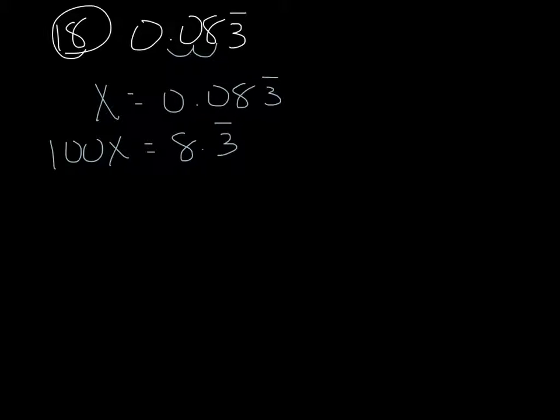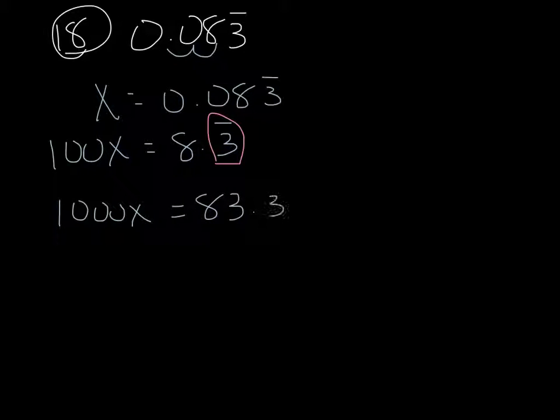And then I've got one repeating number. 3 is repeating, so I need to do 1,000x, one more decimal place, 83.3 repeating. So we're going to take those two, and we're going to do some subtraction here.